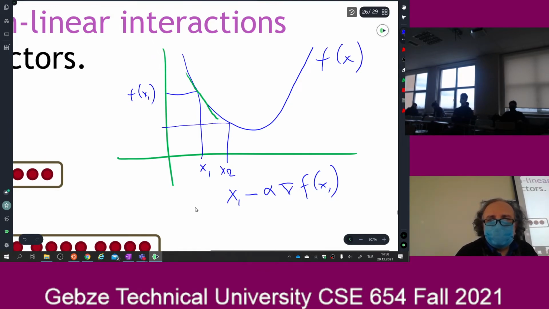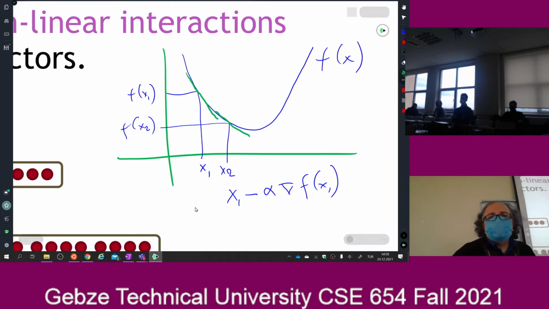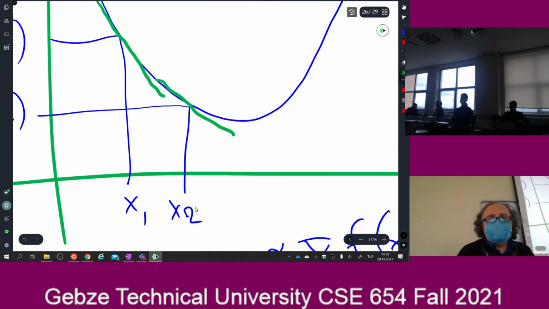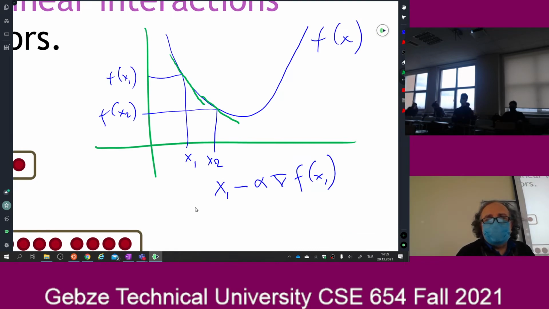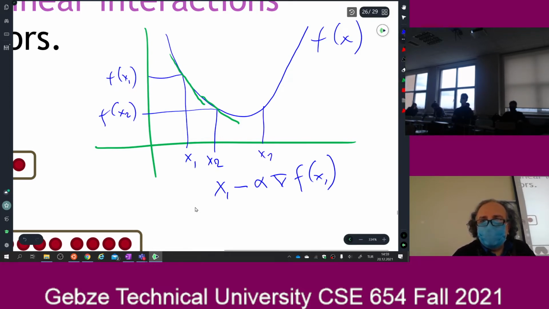This is f(x2), and I take the derivative of it. Now its slope is better. It is not as steep, but I am going to keep doing this. Let's say I moved a little bit, but I overshot, and I got this x3.